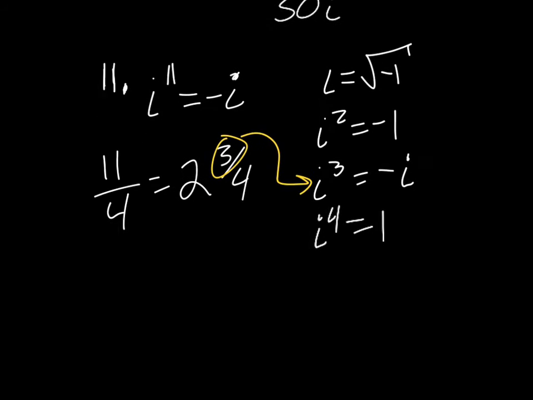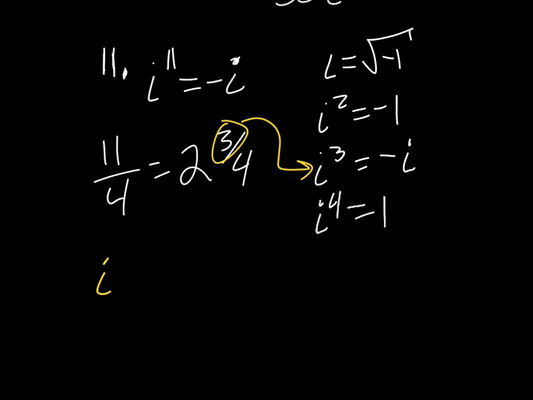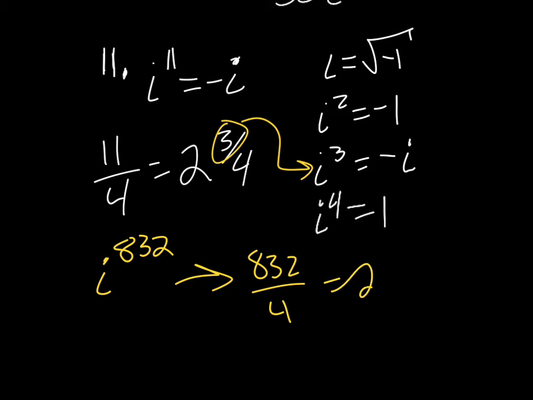If we did i to the 832nd, what's 832 divided by 4? 208. Goes in evenly. So then there's none left over, so it'd be 1. i to the 832 would be 1. Okay? Is that okay?